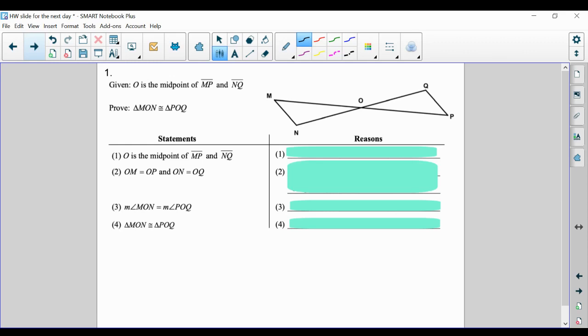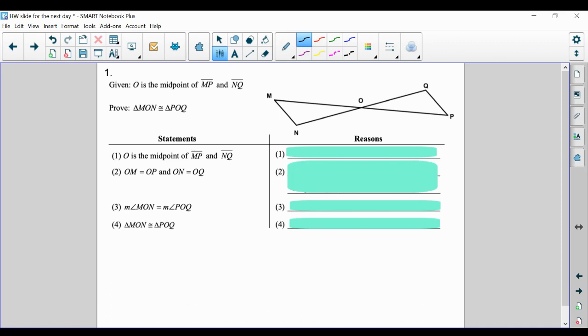Okay, first, very important, label the picture from the given information first. O is the midpoint of MP and NQ. So O is the midpoint. What does midpoint mean? Do you remember when we talked about midpoint? Midpoint means it's a point bisecting the line segment.